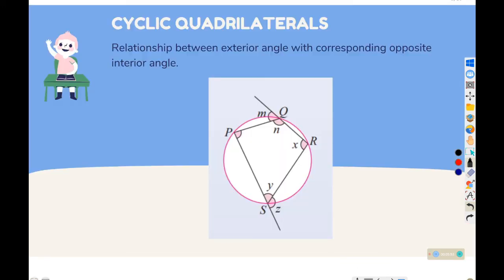Next, the relationship between the exterior angle and the corresponding opposite interior angle. As you can see here, there is a straight line. First, you have a cyclic quadrilateral, which means four vertices lie on the circumference: P, Q, R, S. Then at Q there is a straight line, and also at S there is a straight line.